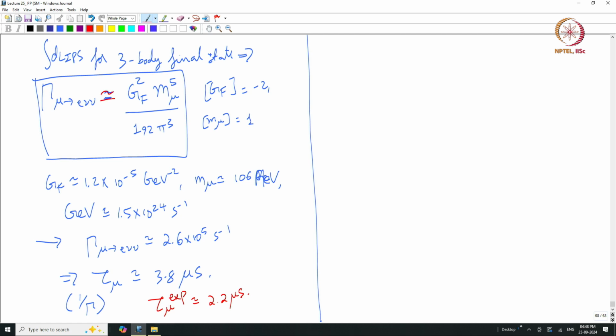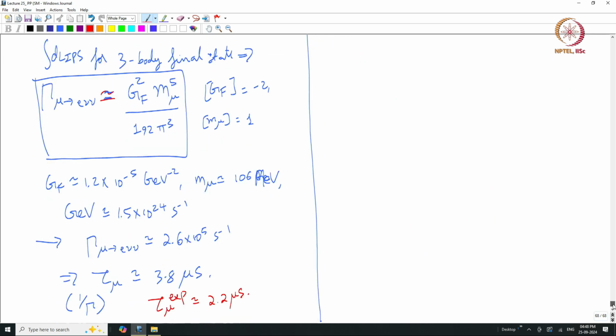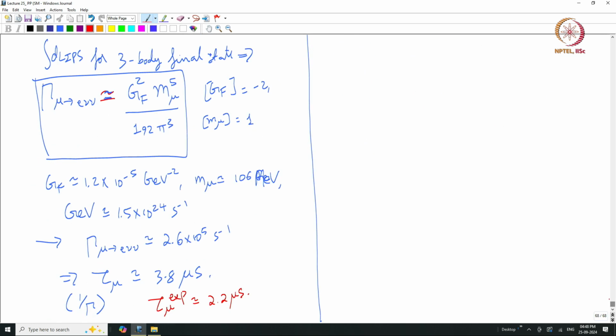If I were to account for the correct phase space, because after all the electron does have a mass, I would have to account for all that. I can neglect the neutrino masses, but I cannot neglect the electron mass here. If I put all those things in, I will get the correct value, but it is just off by a factor of 1.5 or something, so it is fine.